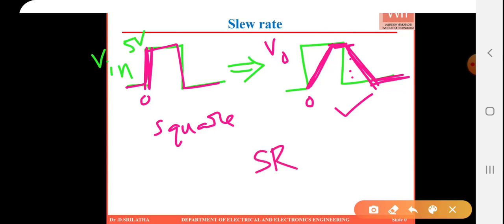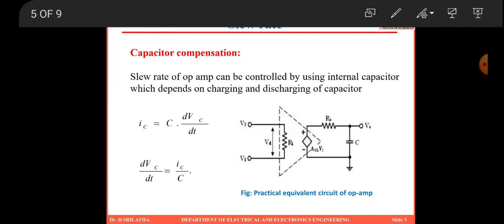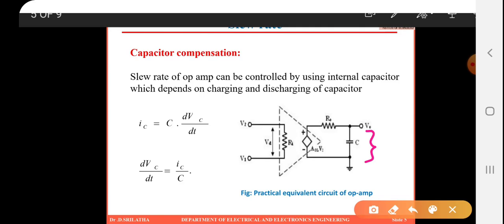Okay. So now why does the slew rate exist for operational amplifier? Slew rate exists for operational amplifier due to the internal capacitor. See here, this is the equivalent circuit of operational amplifier. Here at the output side, you can find a capacitor for the operational amplifier.